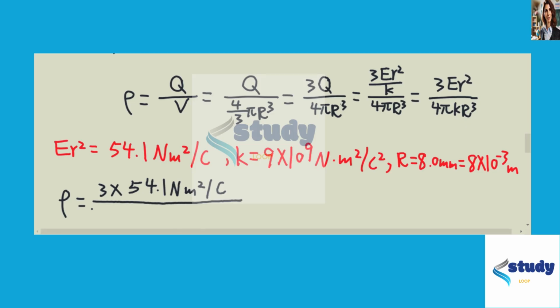And then over 4 pi times 9 times 10 to the power of 9 Newton times meter squared per Coulomb squared, and times R cubed, which is 8 times 10 to the power of negative 3 meter, and then to the power of 3.